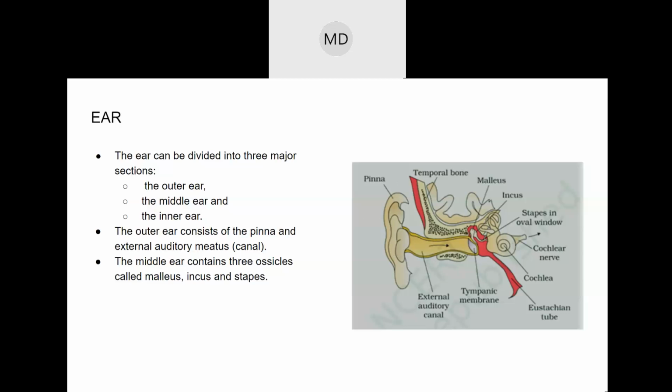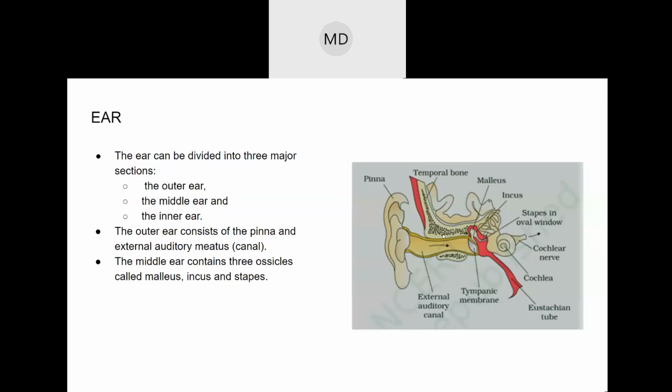So the outer ear will consist of the pinna as well as this hole, that is known as the external auditory meatus or canal. Okay, that ear hole is known as the external auditory canal or meatus. That and the pinna together comprise the outer ear.